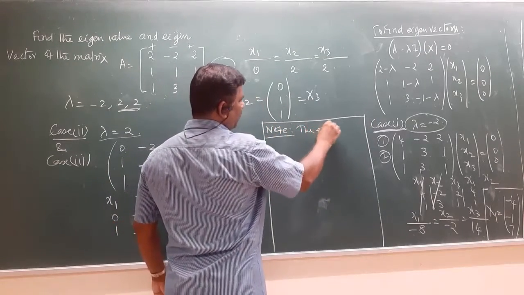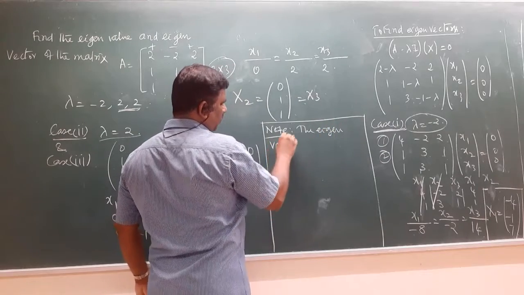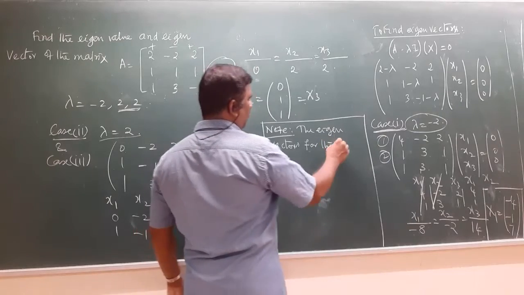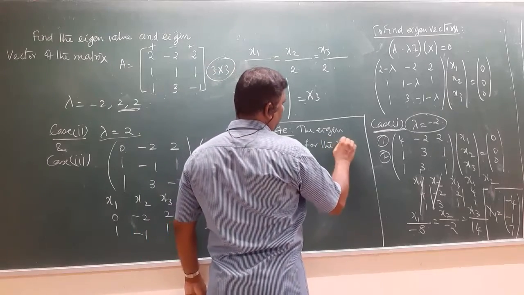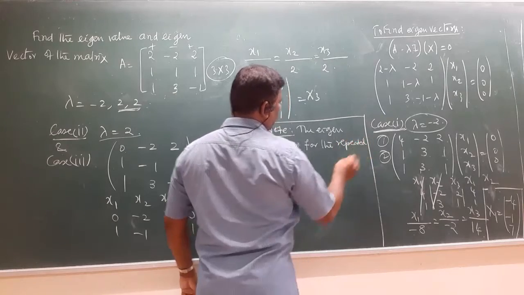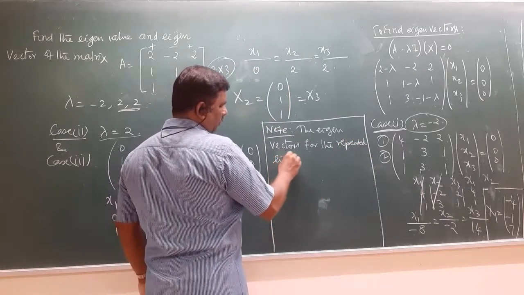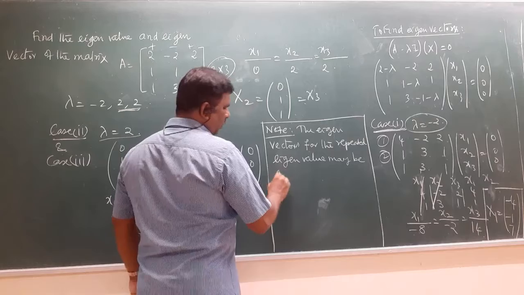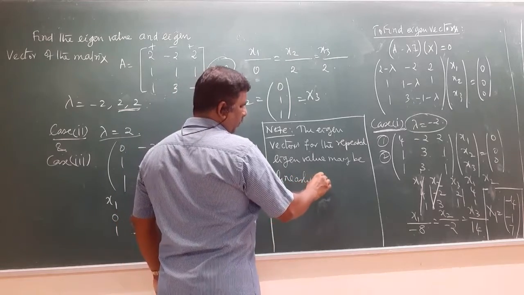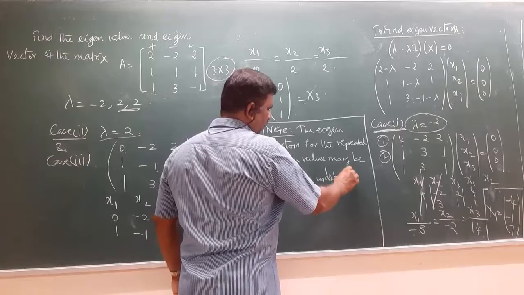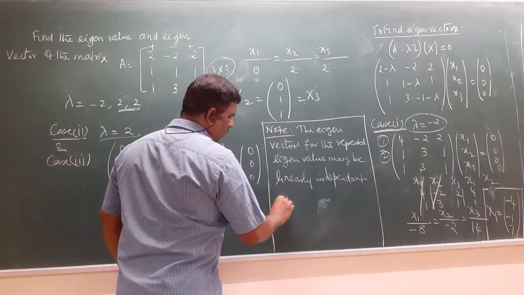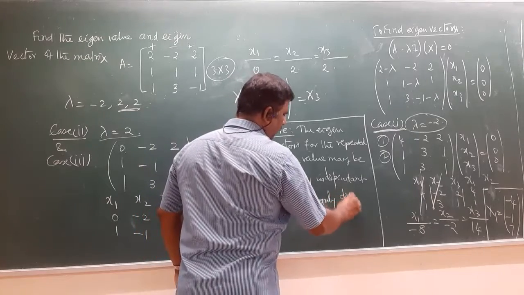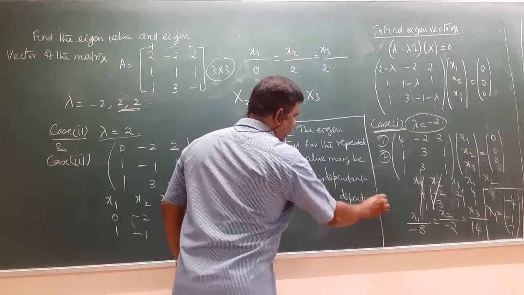The eigenvectors for the repeated eigenvalue may be linearly independent or linearly dependent.